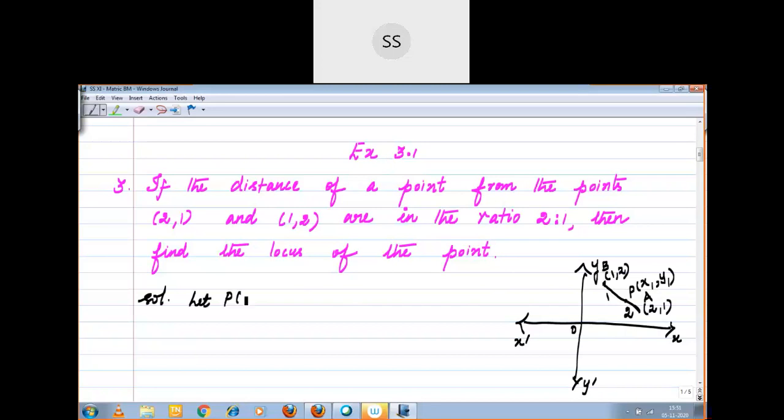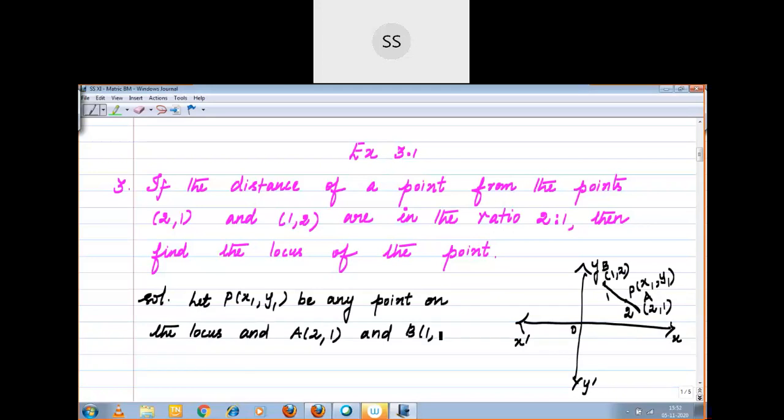Let P(x1, y1) be any point on the locus, and A(2, 1) and B(1, 2) are fixed points.